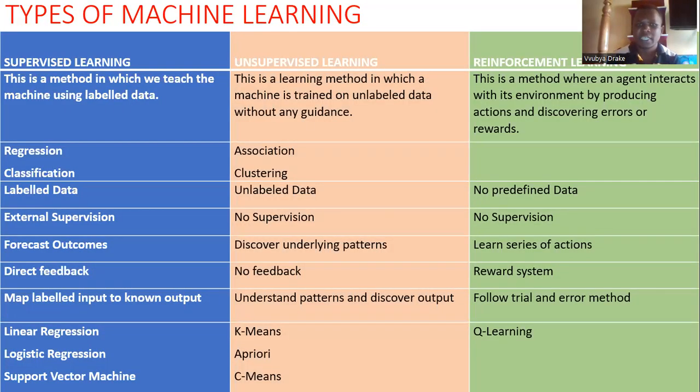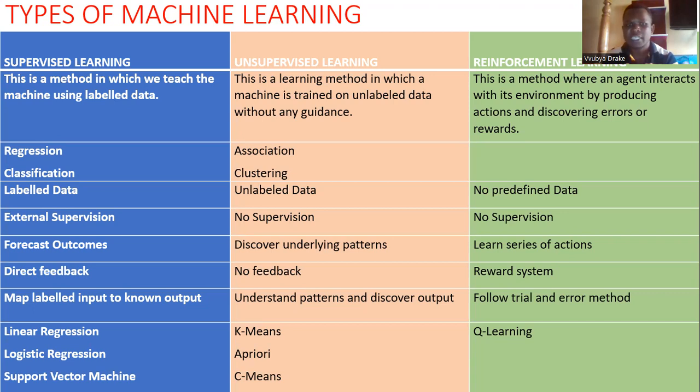So we have supervised learning, unsupervised, and reinforcement. With supervised learning, we use labeled data to supervise these machines to learn. We give it input and output to compare with, to teach these machines, so that next time when we provide them with an image or anything else, they are able to detect or make predictions.